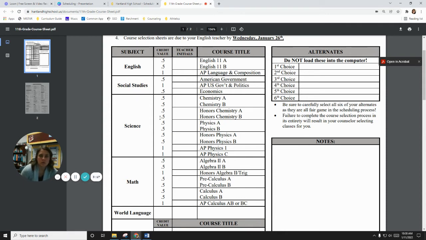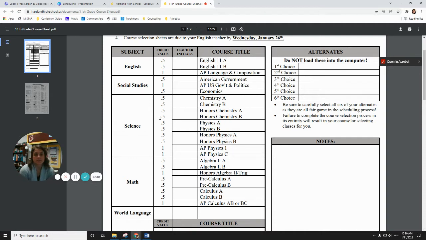That's a year-long course that will satisfy that graduation requirement as long as you finish the entire class. So you can't be in AP Gov for a semester and then come out of the class. That won't finish the requirement. So just keep that in mind. But you will opt for one of those 2 classes for government, and those are your only 2 choices.